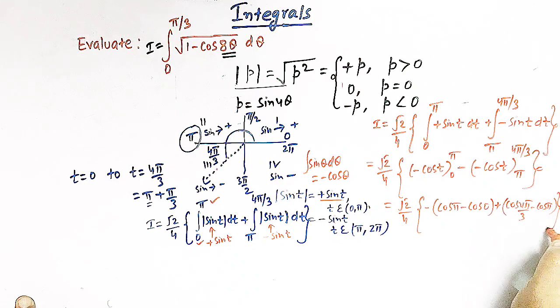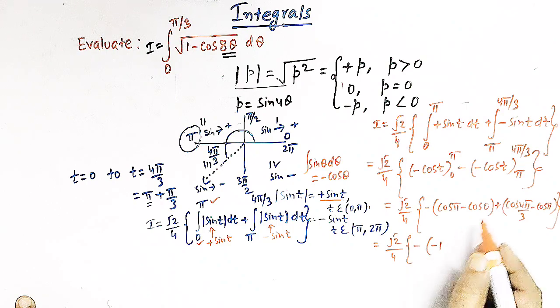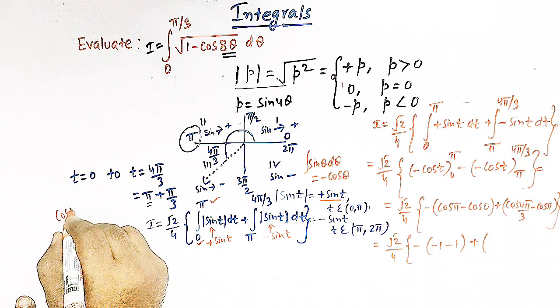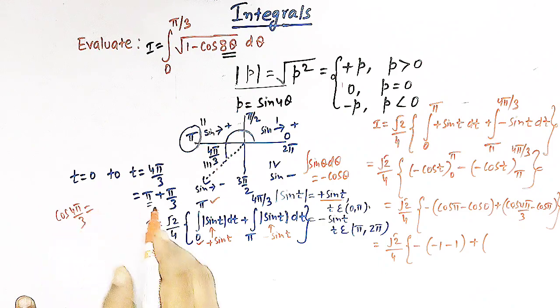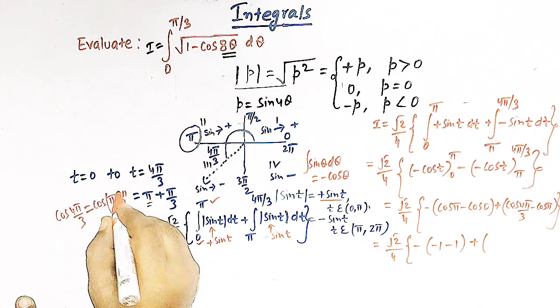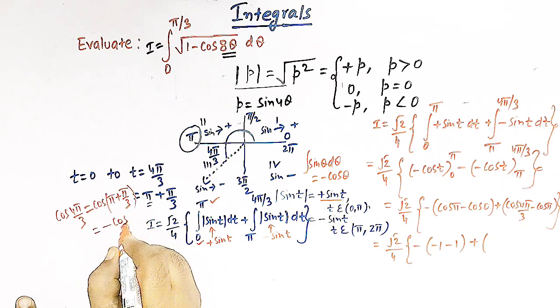And now we can write square root of 2 over 4, and here cos pi is minus 1, cos 0 is 1, so we have minus 1 minus 1, and cos 4 pi by 3 can be easily calculated by splitting 4 pi by 3 as pi plus pi by 3. So we have cos of pi plus pi by 3, and cos of pi plus theta is the negative of cos theta.